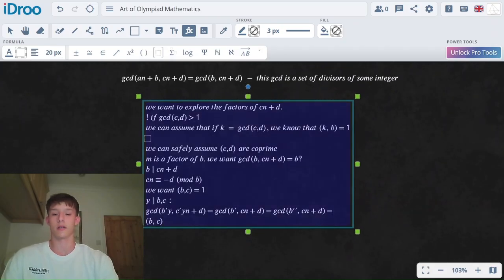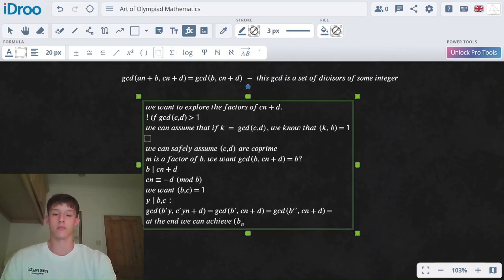So at the end, we can achieve B as a product of primes, B1 through Bk, and then the GCD of Cn plus D with B is Bk, and C is coprime to B1.